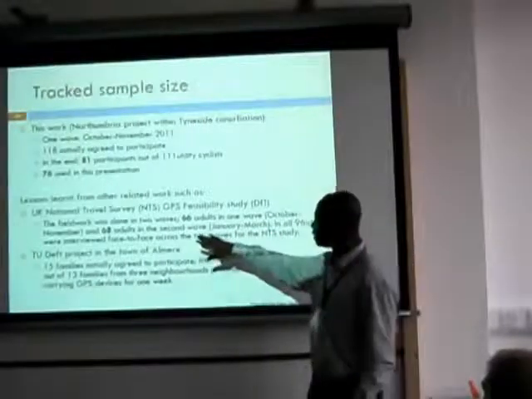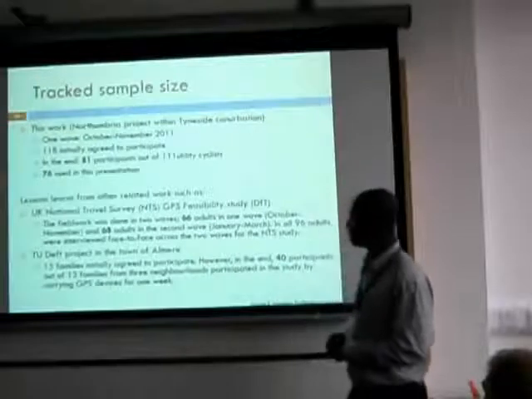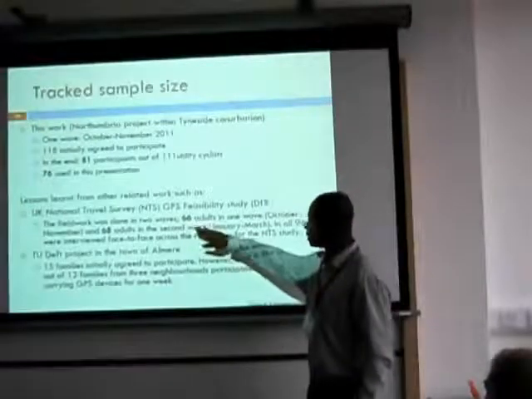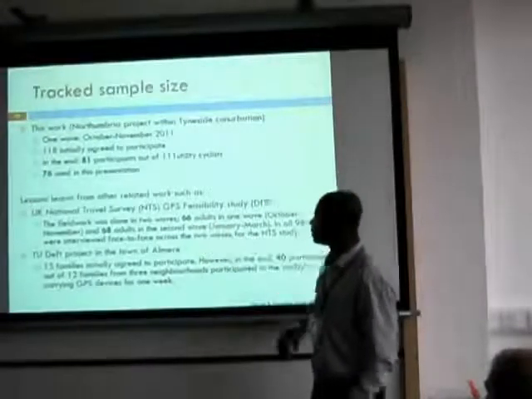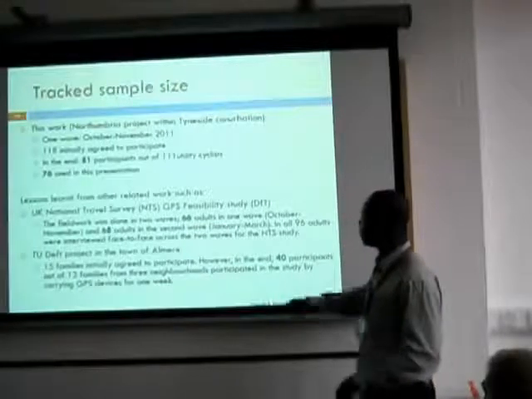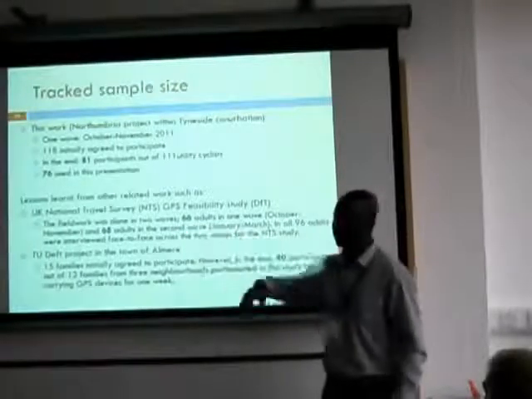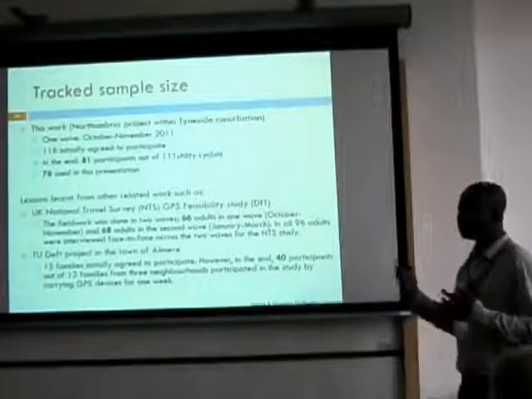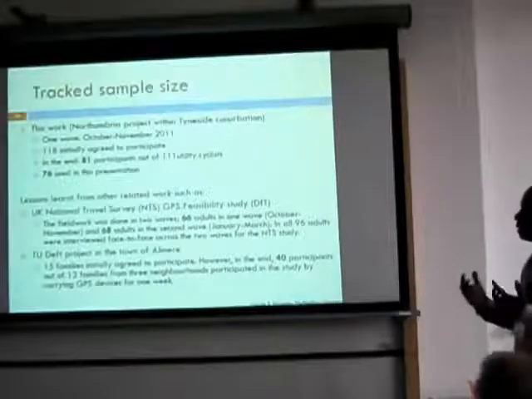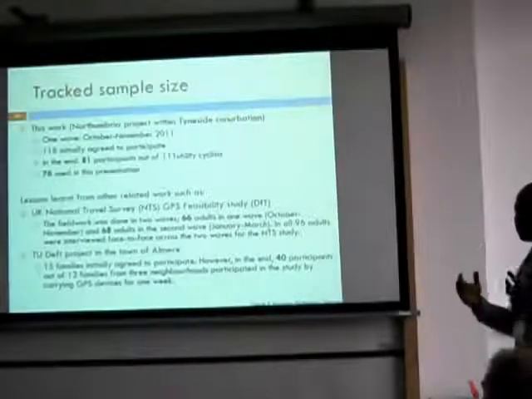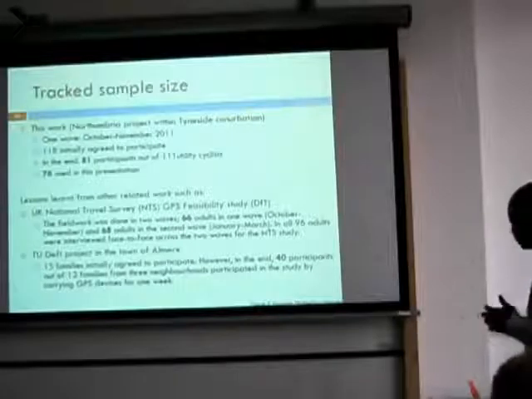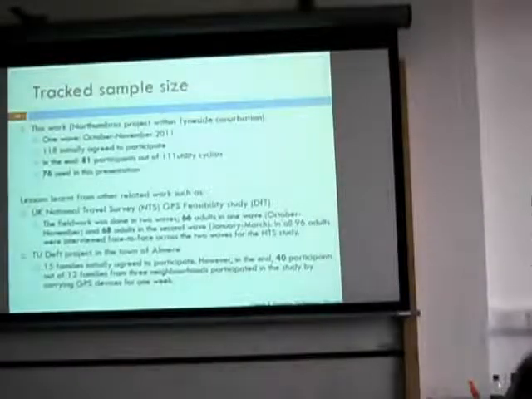For example, Department of Transport GPS Disability Study, which covered about 66 adults in 1 week. That is October, November. That's exactly what I also did. But then, because I've never done that before, you have to find a way to make sure it's feasible and applicable, considering the scope of the research itself.